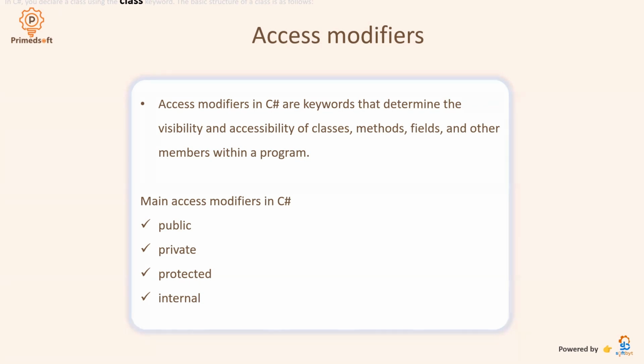Okay, so the main access modifiers in C# are public, private, protected, and internal. We also have other ones, like protected internal. So now, what is public? The code in a public class or public method will be accessible to all other classes.